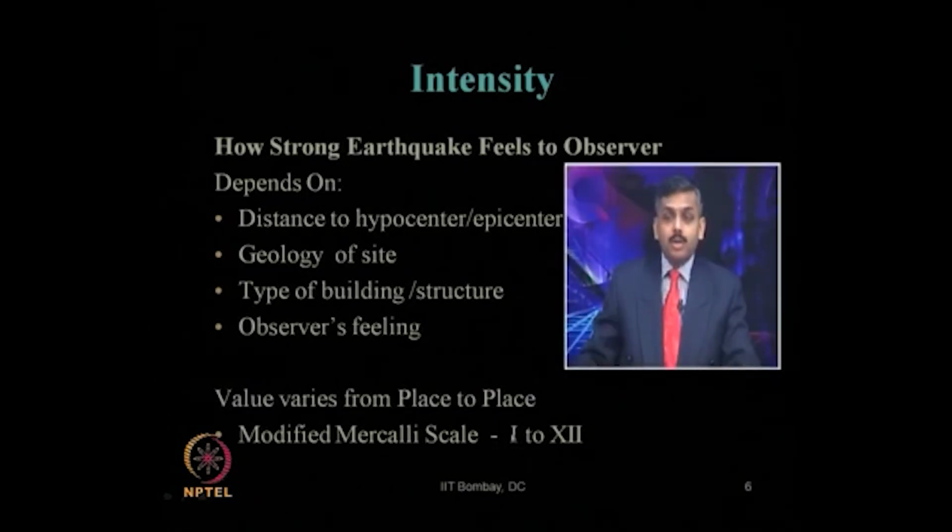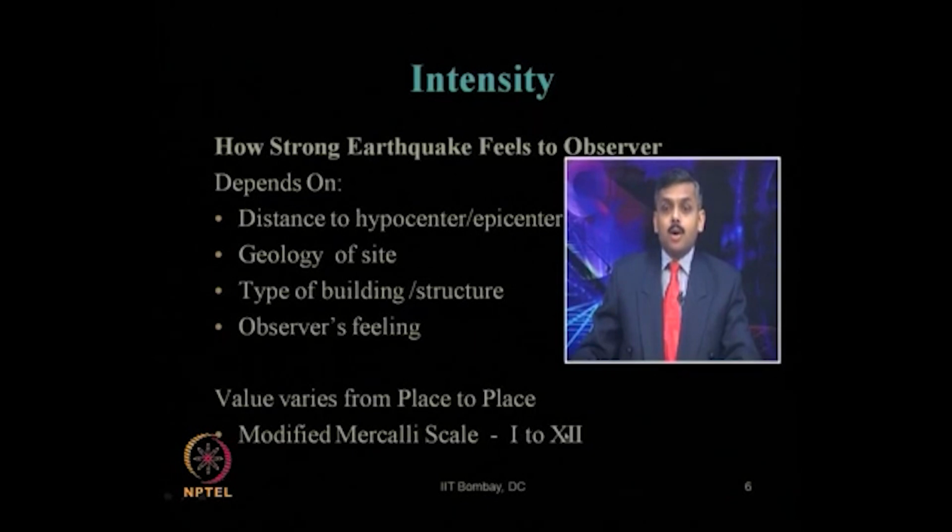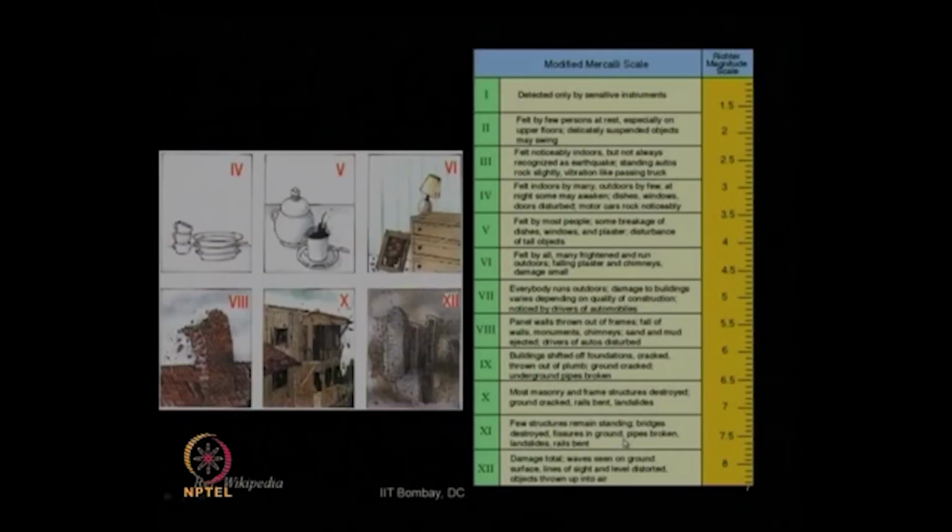Scale 1 denotes the least intense earthquake, and an MMI of 12 denotes the maximum or worst earthquake felt by an observer, also depending on the damage to the structures.